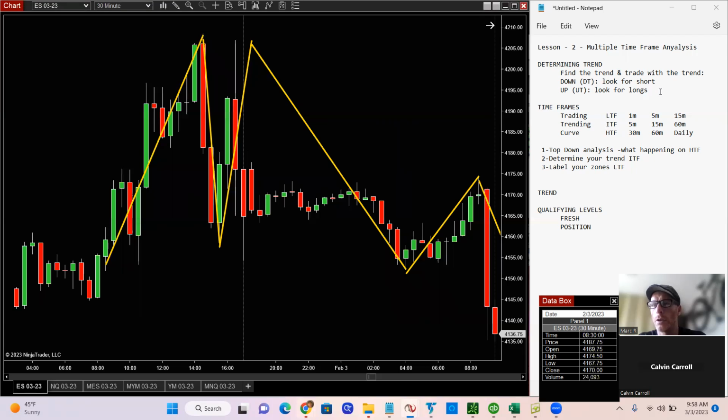When you have a lower high and a lower low, you are confirming your downtrend. You're in a downtrend when you have a lower high, followed by a lower low.